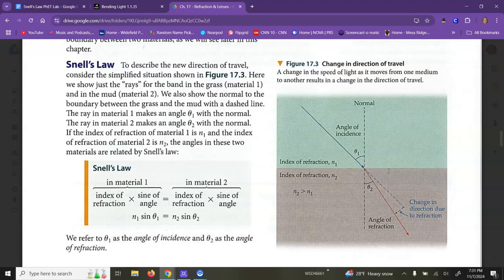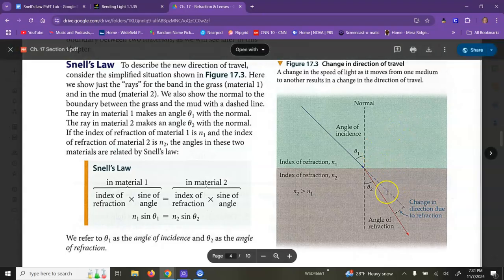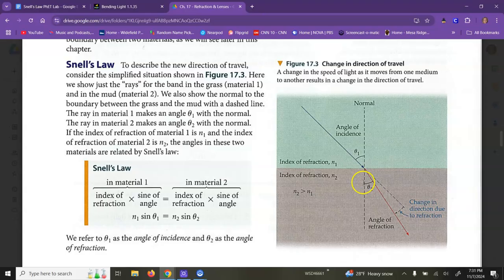This could be bumpy, it could be wavy, it could be mixed because it's one type of gas mixing with another, something like that. So we're actually going to use this fake dashed line, which is perpendicular to right where the light ray enters, to measure our angles of incidence and refraction.